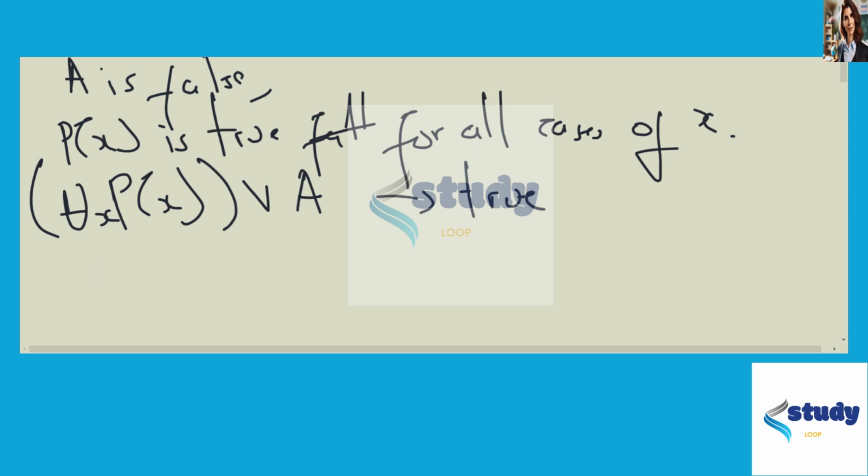Even when P of x is not true, both sides are found to be false, making them equivalent.